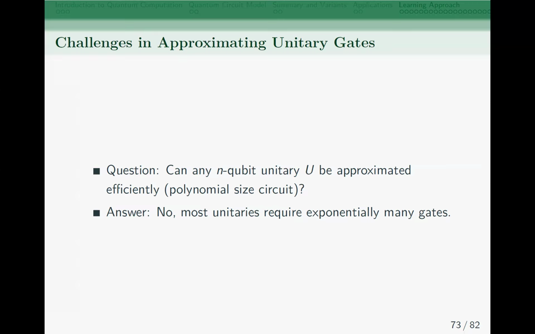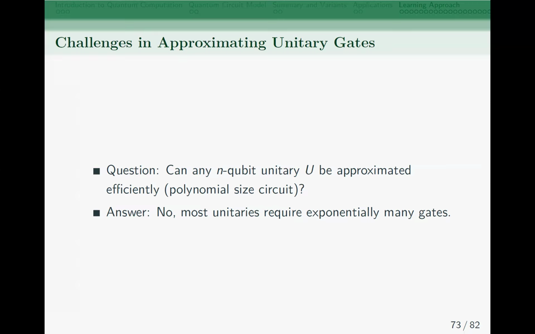This is the classical theory, and what I'm going to tell you is that in quantum theory, this is also true. What we proved is that any unitary, in principle, can be decomposed using this finite gate set, but most of the unitaries take exponentially many elementary gates to approximate. So most unitaries are hard to compute.